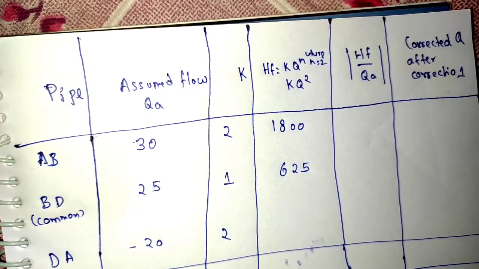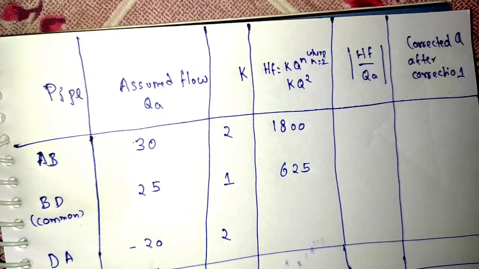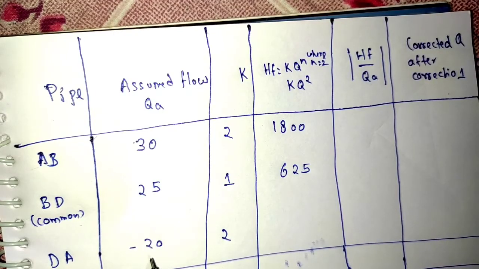Now the value of K is 2, QA is 20, right? We will not square minus 20, we will square the actual value of QA. The actual value of QA is 20, 20 square is 400, right? The 400 into 2 is 800.